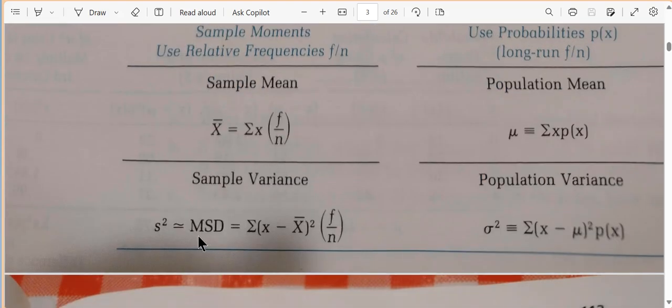And similarly we use s squared for the sample variance, and sigma squared for the population variance or the variance of the random variable. The population is kind of theoretical because we assume that we can't know the whole population. That's what we mean by the population being too big to know.